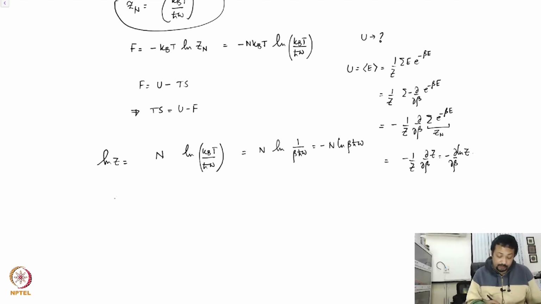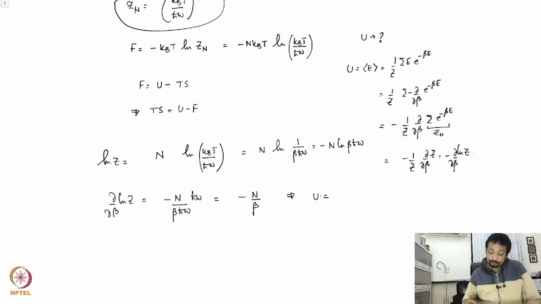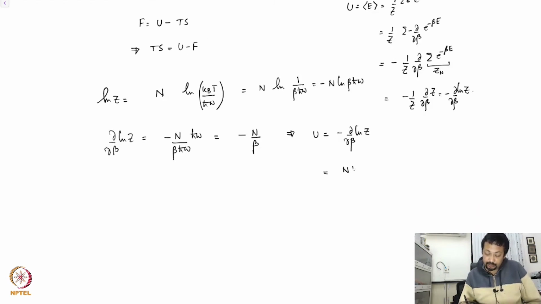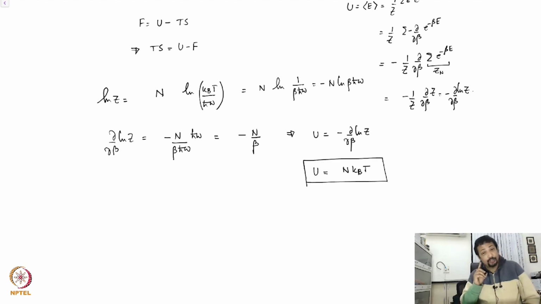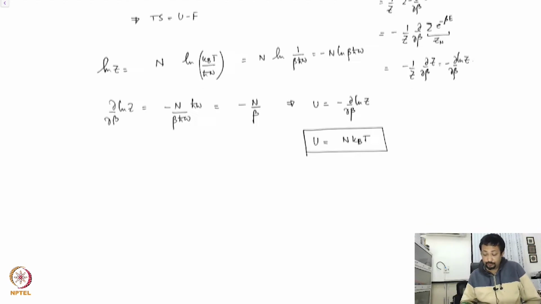Now this gives me a del beta of this ln Z gives me minus n over beta h bar omega times h bar omega, which is minus of n over beta. And this implies that U is going to be minus del beta of ln Z, which is going to be n kBT, the result which we obtained in the microcanonical ensemble also.